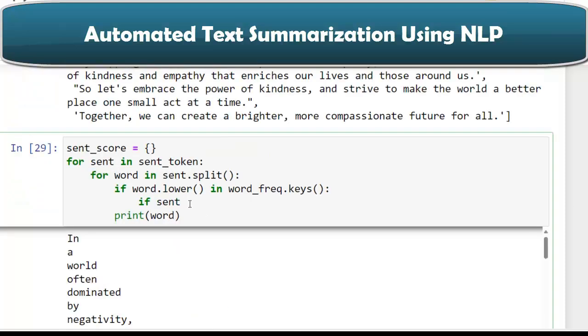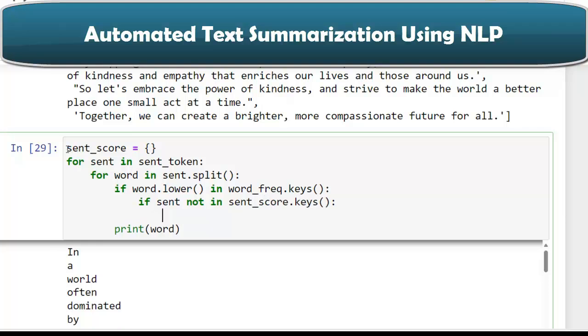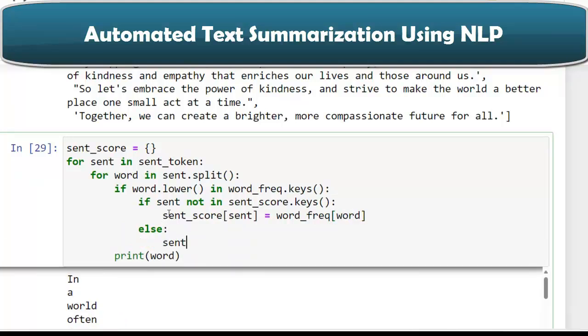So if sentence not in sent_score.keys, meaning if the sentence is not available as a key in this particular dictionary, then let's use this dictionary and sent, and also word_frequency and word. Else, sent_score[sent] plus equal to word_frequency[word].